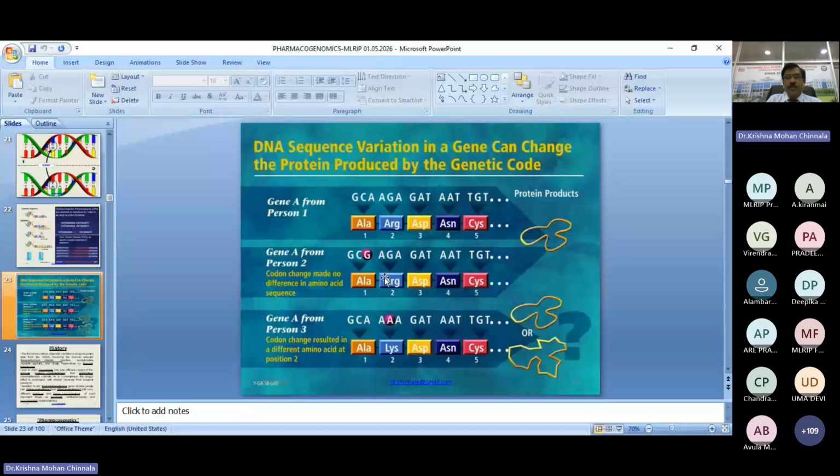This slide is again important for every pharmacologist. DNA sequence variation in a gene can change the protein produced by the genetic code. Already we discussed the lock and key mechanism. So this gene is producing the protein product with this structure. Okay, and the next variation in the gene is producing a different type of protein structure, or it is nothing but your receptor.